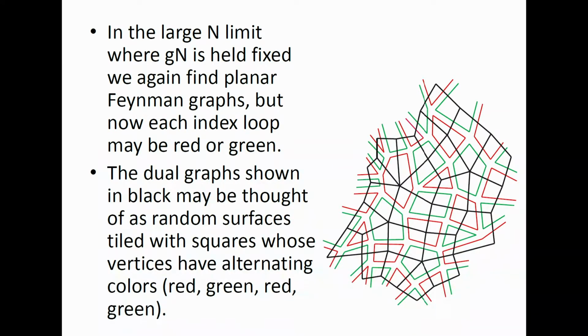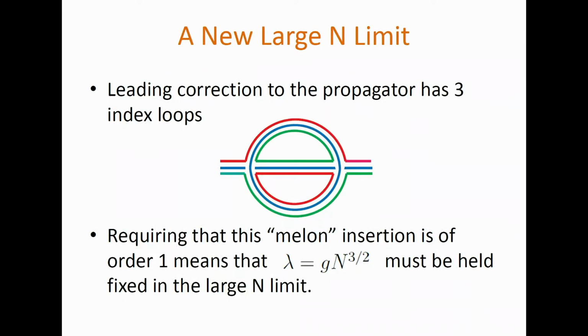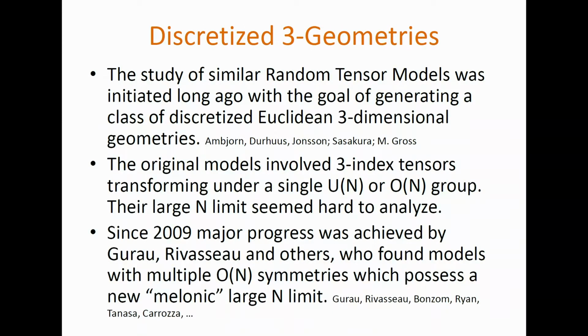Okay, so the basic ideas for this were from the 80s. And then in the early 90s, people started saying, well, if a two-index tensor can help us understand two-dimensional quantum gravity, and there were really big successes in that.